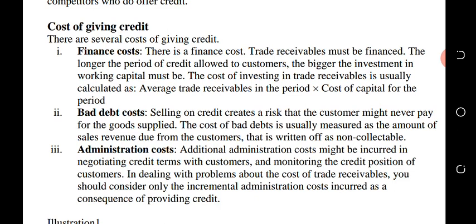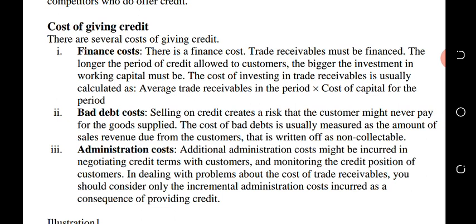The longer the period of credit allowed to customers, the bigger the investment in working capital would be. The cost of investing in trade receivables is usually calculated as average trade receivables in the period times the cost of capital for the period. Now, the finance cost is the interest the company will incur for selling on credit, which is almost equal to borrowing money from the bank.